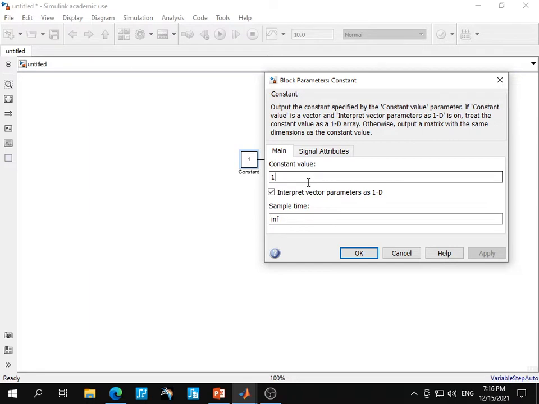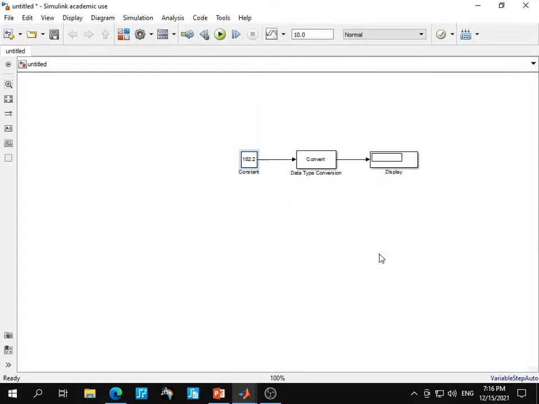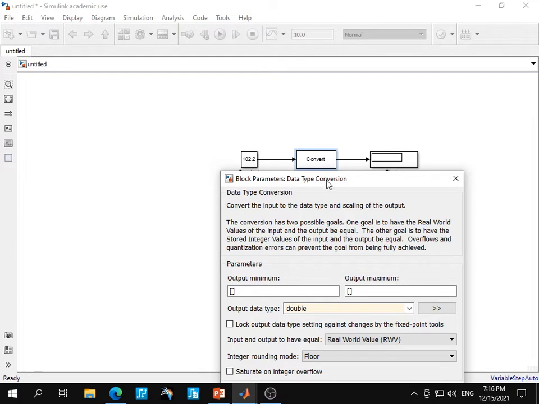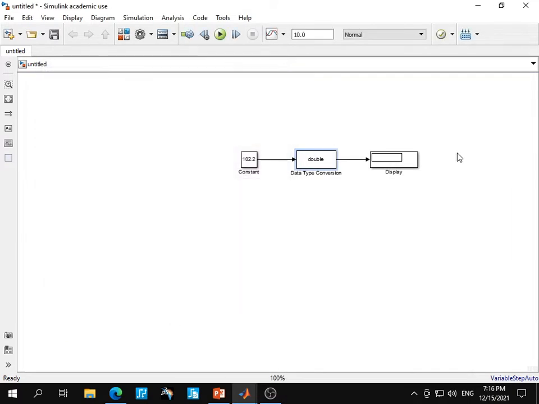So basically all the default numbers should be double. So if you let it convert to double and let it run, nothing will happen. It's still the same value.